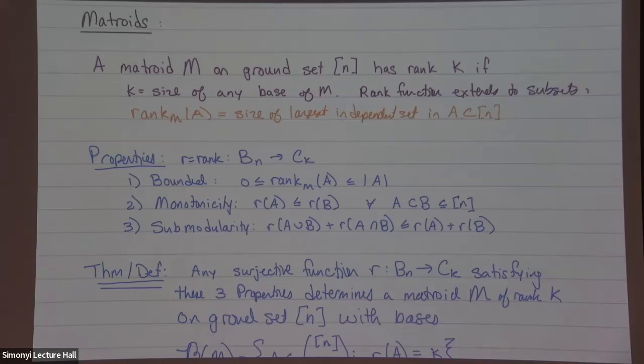So a nice theorem, or you could take it as the definition of a matroid, is that any function at all, let's call it R, from the Boolean lattice to the chain CK, satisfying these three properties, determines a matroid. This could have been on Federico's list, but I don't think it was there. This is my favorite one. But there are many different ways of defining a matroid. And how do you go from such a rank function back to a list of bases?